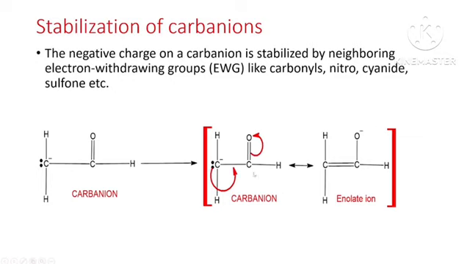Alright? And then, as I said earlier on, anytime you see this double-headed arrow, it indicates resonance. So these two structures become resonance pairs. A carbanion and an enolate ion are called resonance pairs. Right? So to put it in a simple summary, we want to reduce the electron density around this carbon. The electrons that are making this carbon negatively charged, we push them here for the electrons to be shared in between these two carbon atoms.